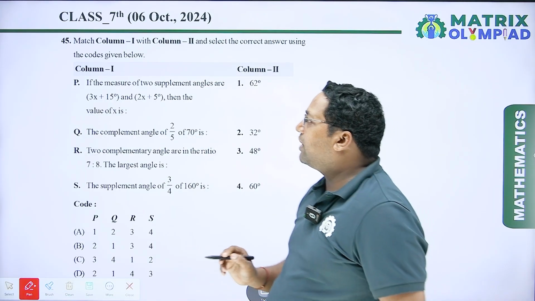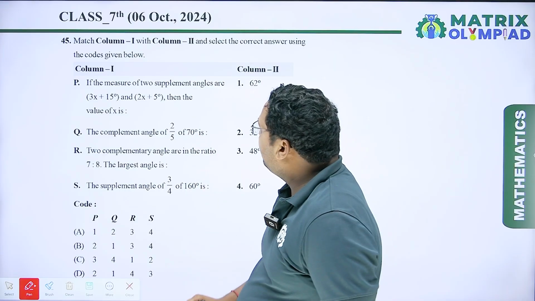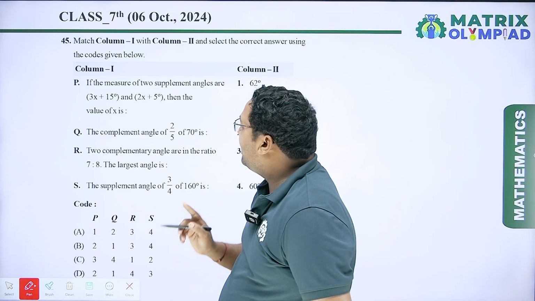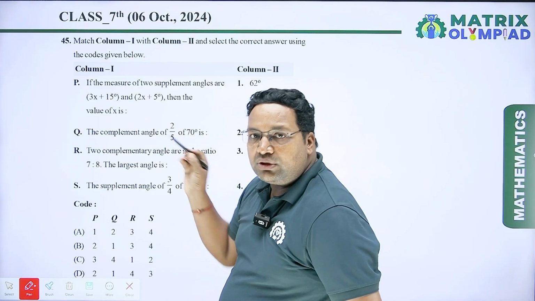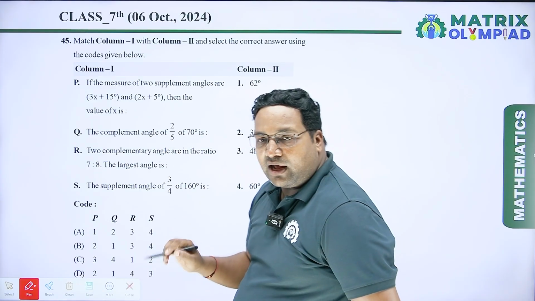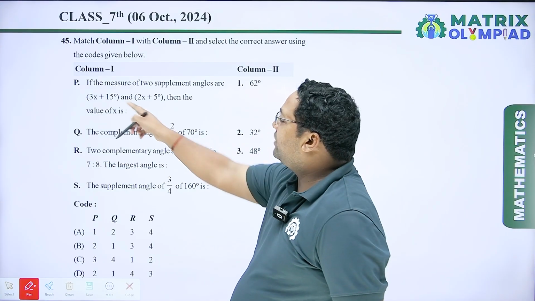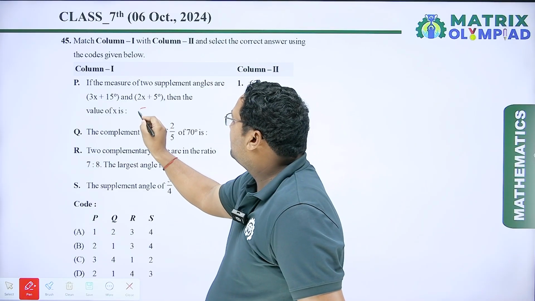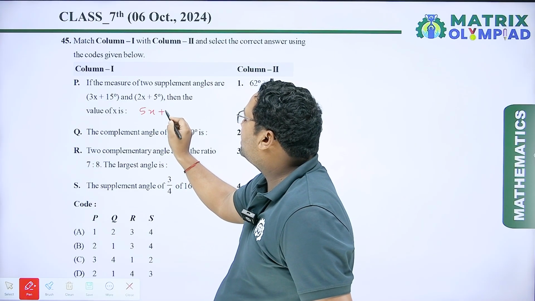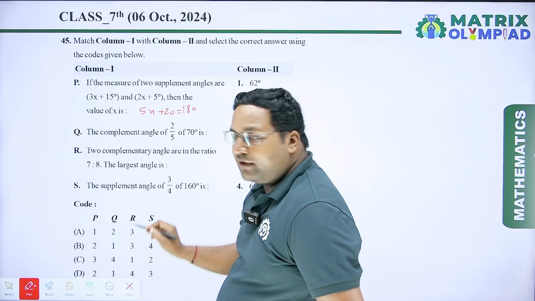Next, question number 45. If the measures of two supplementary angles are 3x plus 15 and 2x plus 5, then find the value of x. We know supplementary angles are those angles whose sum is 180 degrees. So we add these two angles. We get 3x plus 2x is 5x, 15 plus 5 is 20, which is equal to 180 degrees.